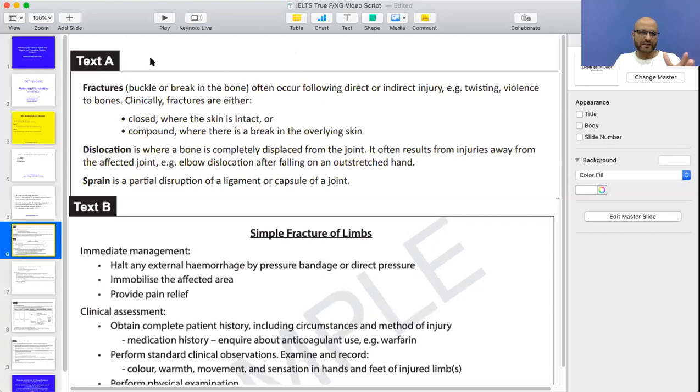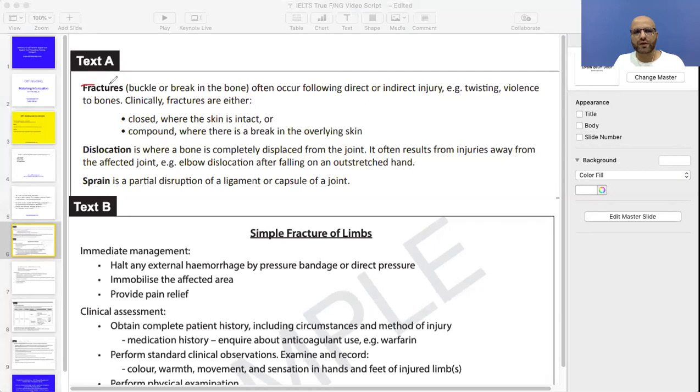So the next slide has a text that, again, we have taken from OET sample tests. Text A talks about fractures: buckle and break bone often occur following indirect injury. Text B is a simple fracture of limbs. Now, here is a key point. Bear in mind that you have only 1.42 seconds to get the answer, right?